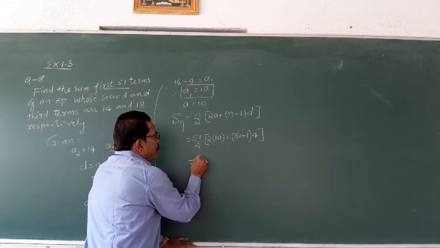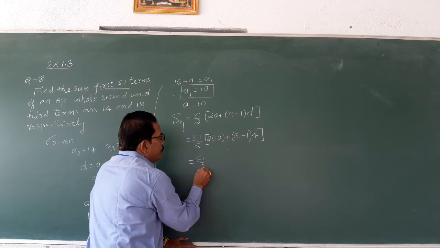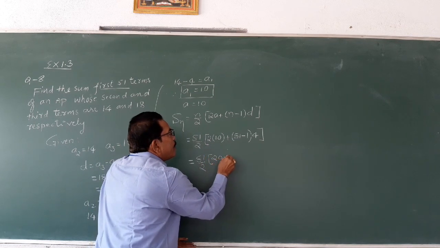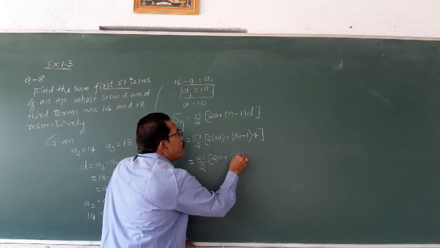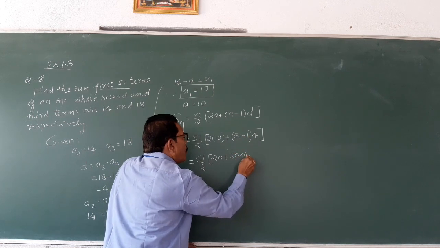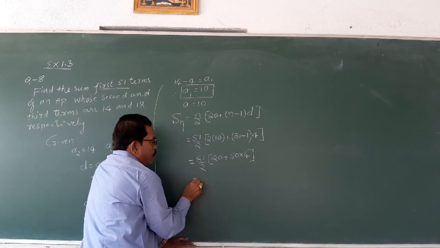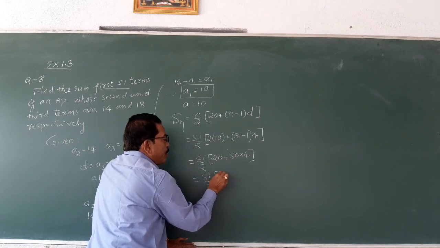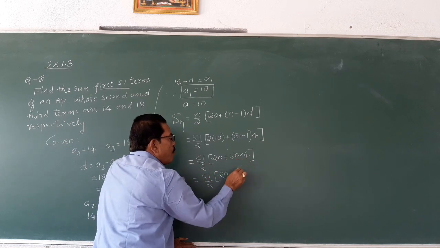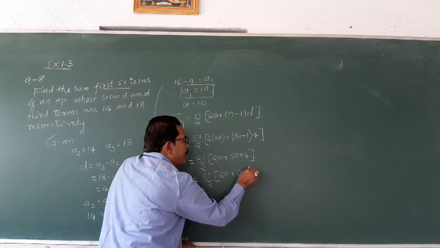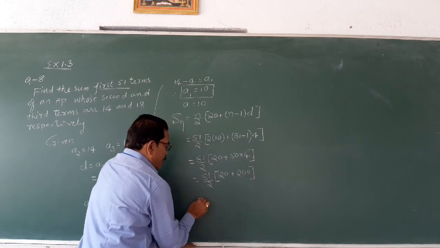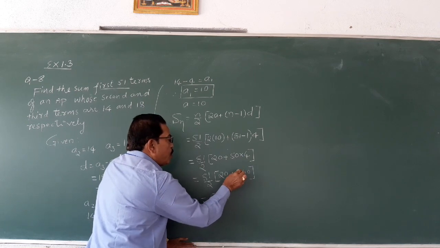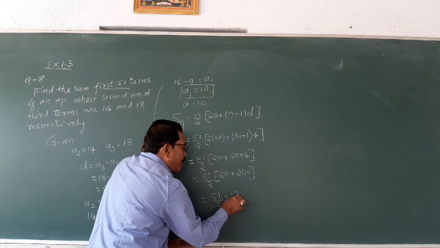Then 51 by 2 into 2 tens are 20 plus 50 into 4. Then 51 by 2 in the bracket 20 plus 5 fours are 20, that is 200. Then 51 by 2 into 220.